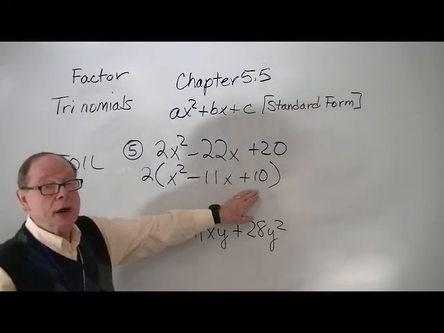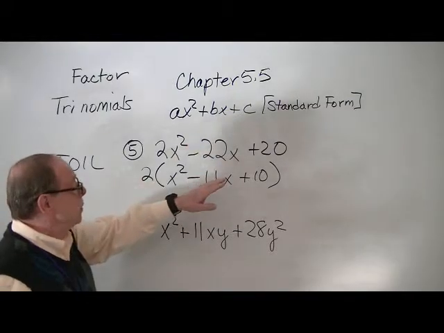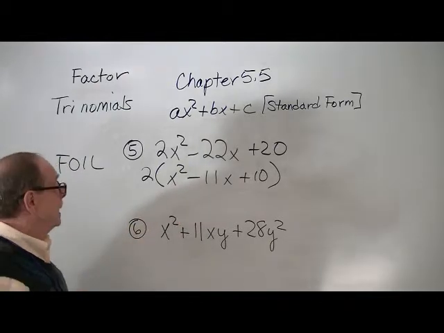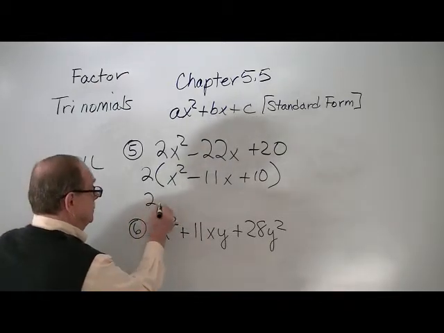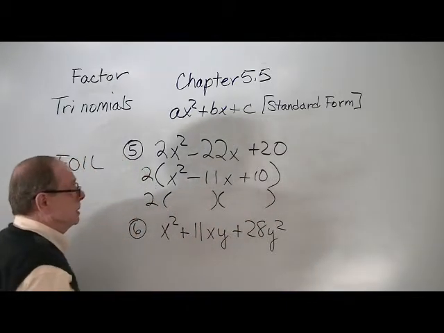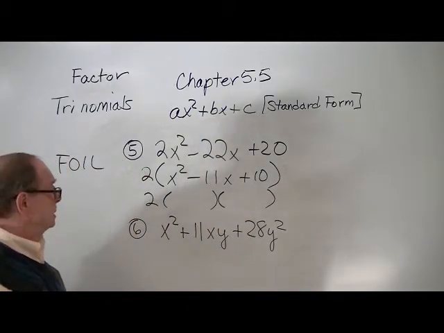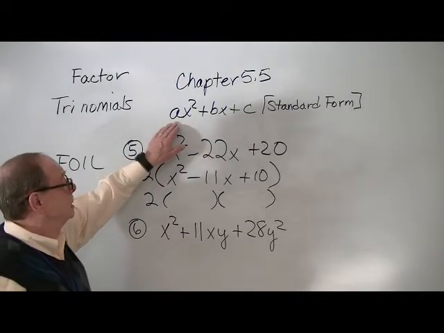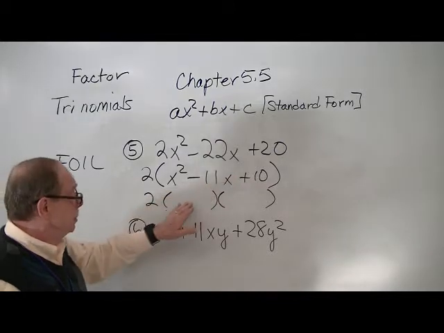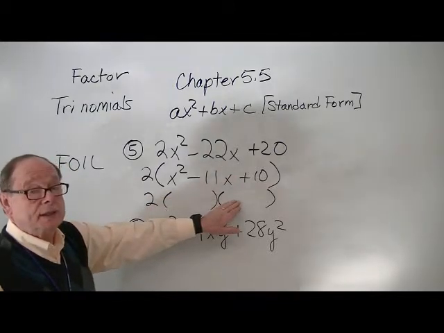I now have a trinomial in standard form with no common factor. So I need the 2. I'm going to put 2 sets of parentheses. So again, let's review the steps. Standard form, factor out the greatest common factor, put 2 sets of parentheses.